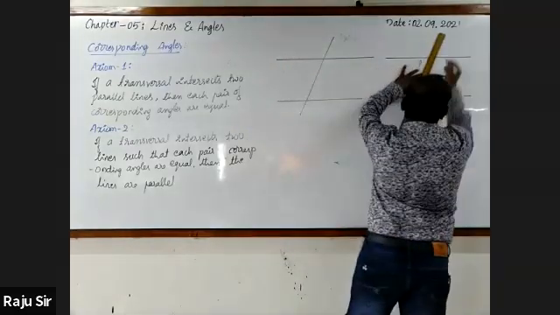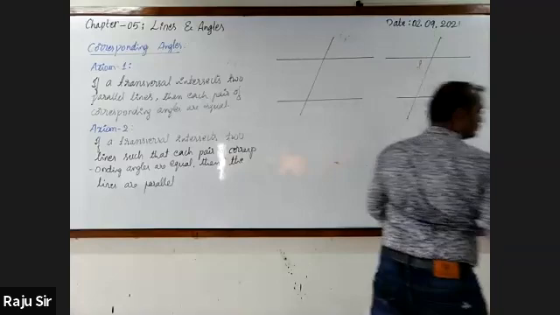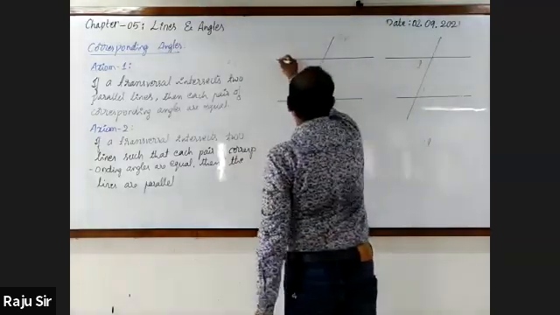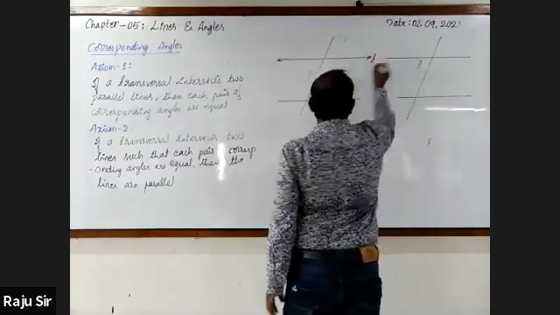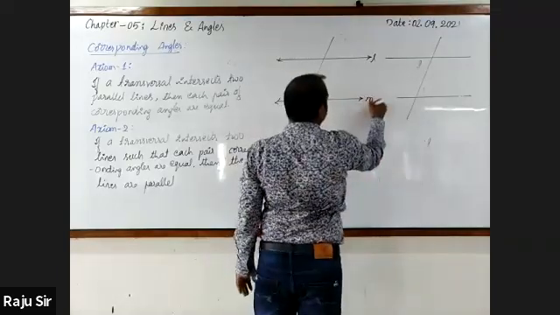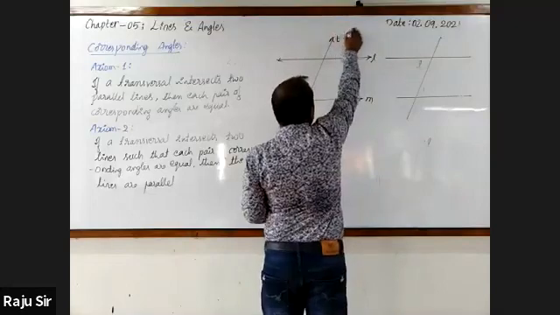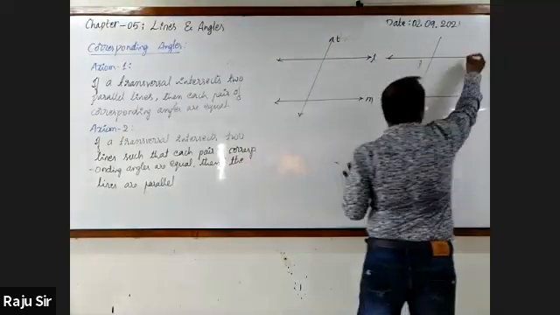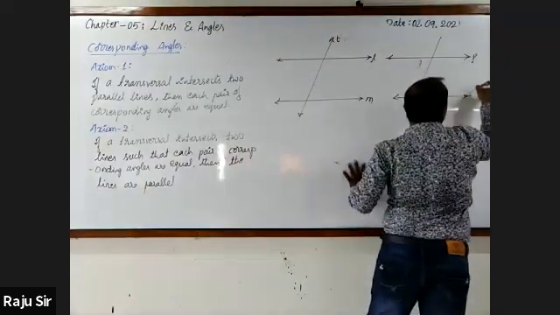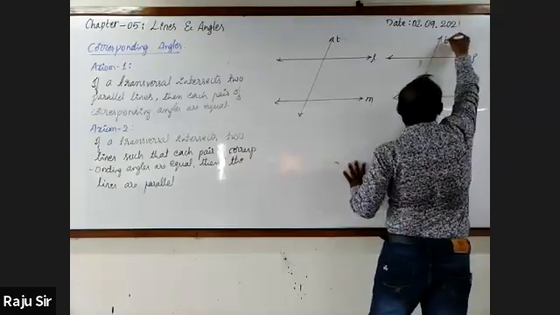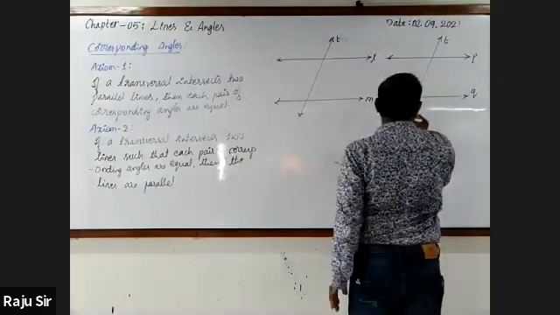Draw a transversal in both the cases. In the first case, call the lines L and M, transversal P. Naming the angles: this is P, this is Q.